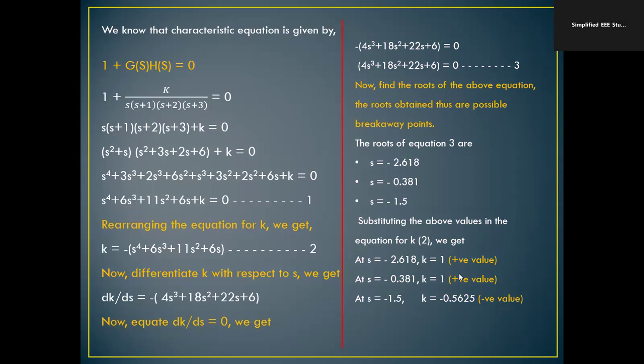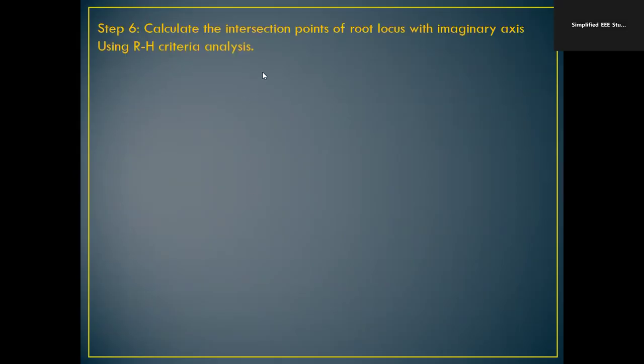From that, please take the positive values of k only. That means s equal to -2.618, then s equal to -0.381. These are the two possible points. You can ignore s equal to -1.5. So the first two are the valid breakaway points. Hope you understood how to calculate the breakaway points. Then calculate the intersection points of the root locus with the imaginary axis using the Routh-Hurwitz criteria.